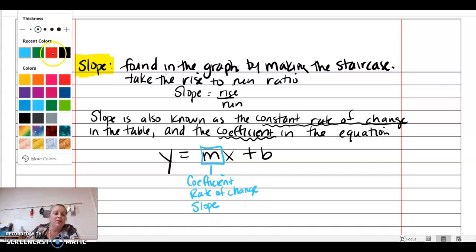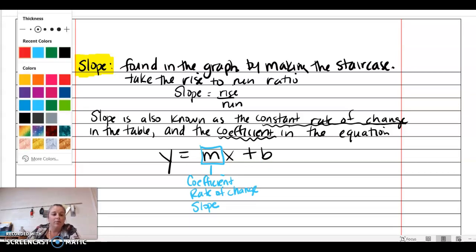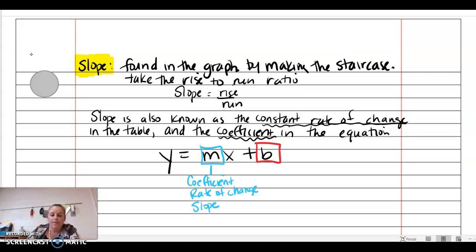The B, I'll highlight, I don't want that color. I want a different color for B. Let's say I want red. The B, lots of fancy names for that. It's your y-intercept in the graph.